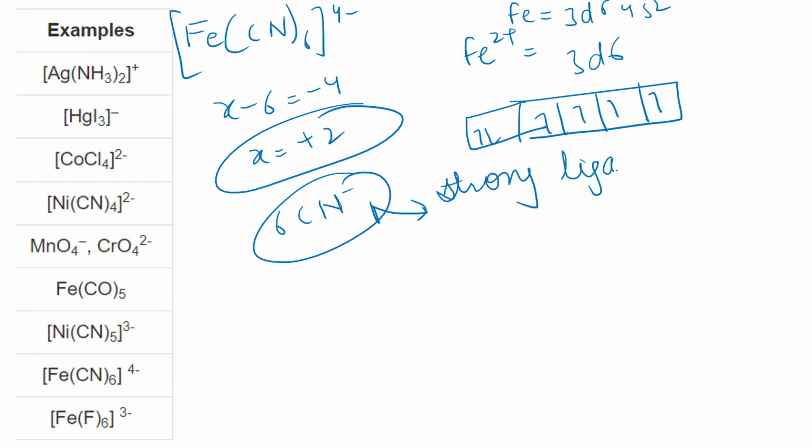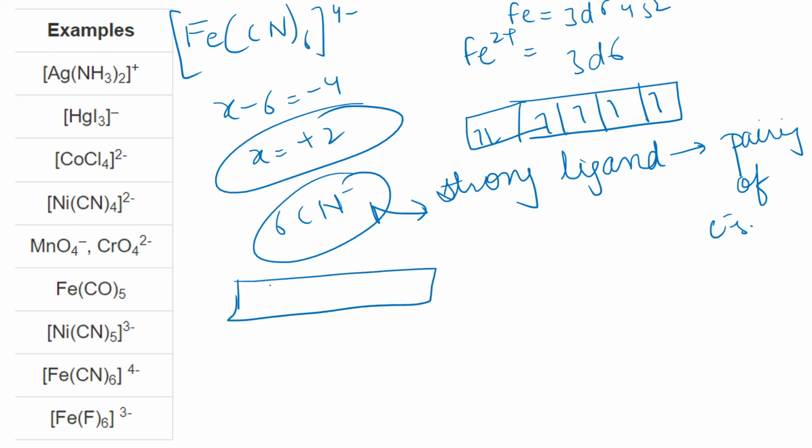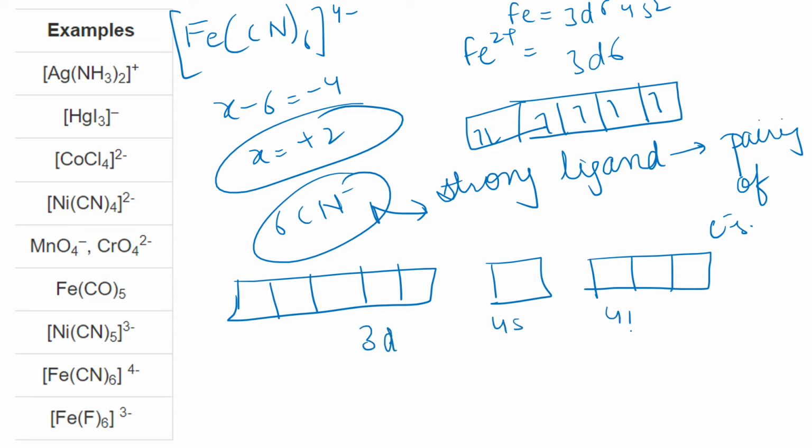Strong ligands will cause the pairing of electrons. So we'll be having an electronic configuration like this: 3d, 4s, 4p. Pairing will occur, therefore we'll be having an electronic configuration like this.